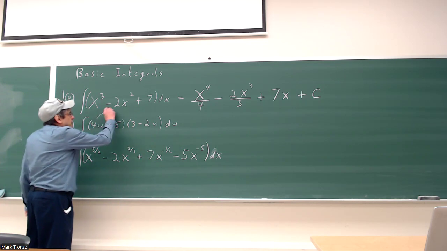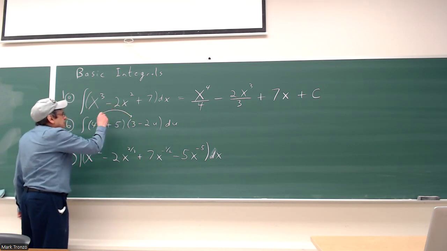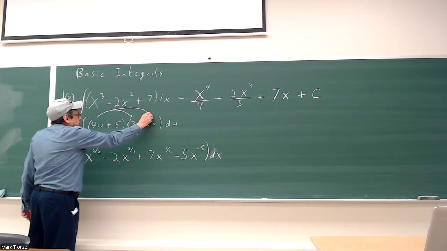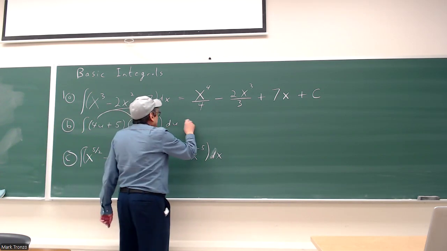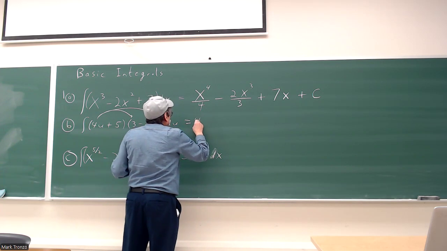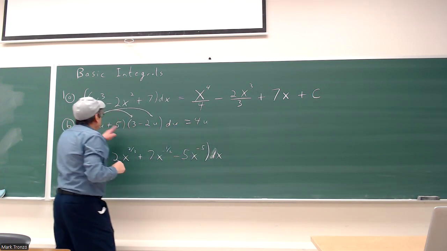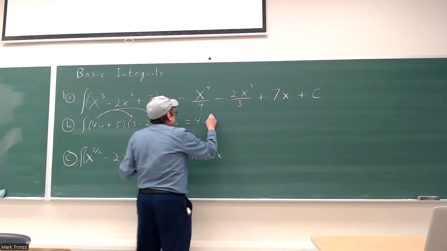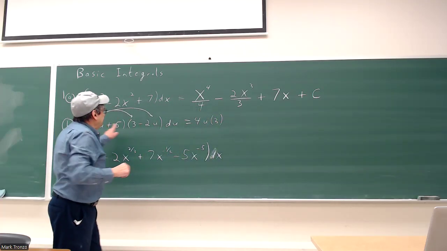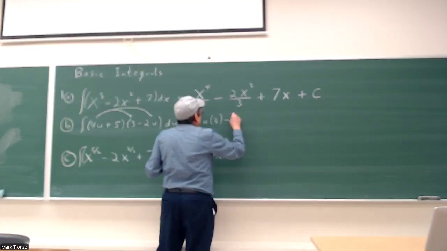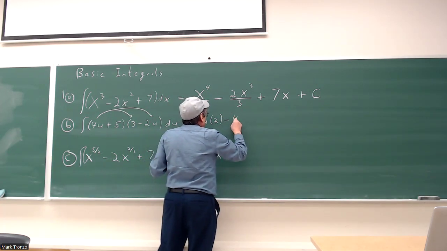Again, multiply. However you FOIL these, it's up to you. You can actually just multiply this by each component. So you can take 4u times 3, plus minus 4u times 2u.